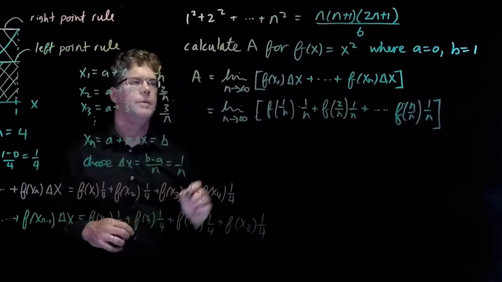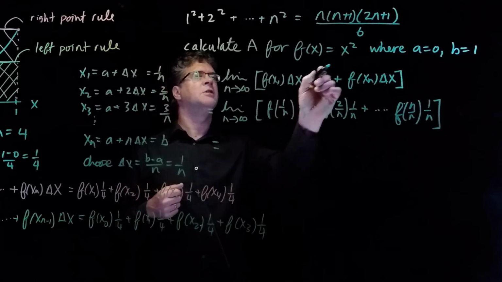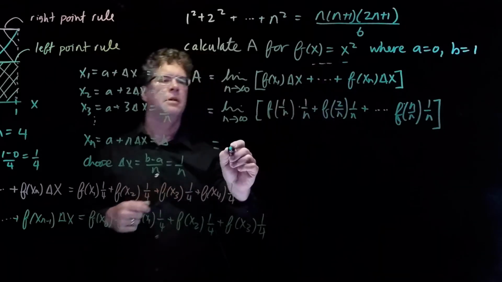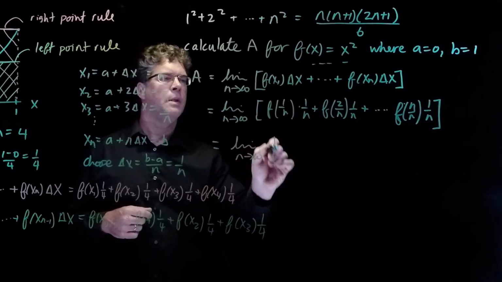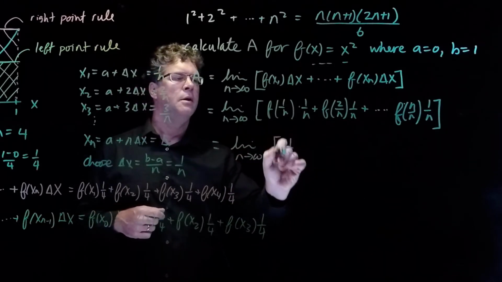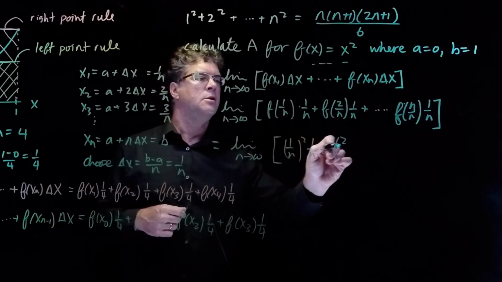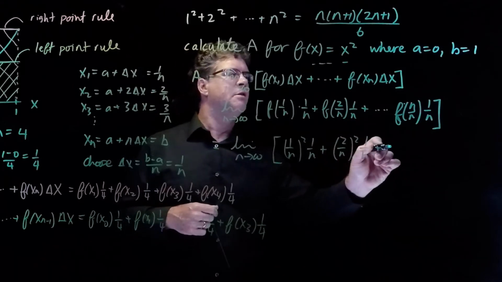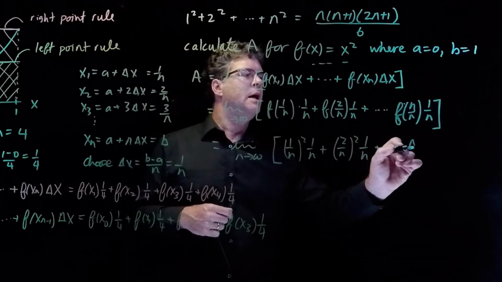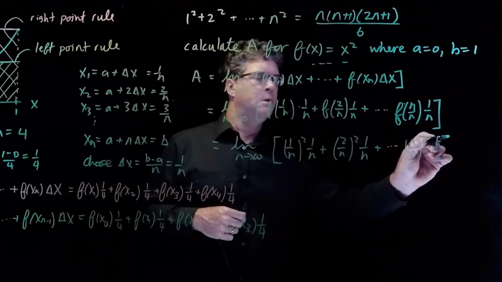Okay, so what's our function f? In this case, our function f is x squared. So this will be the limit as n goes to infinity of 1 over n squared times 1 over n plus 2 over n squared times 1 over n plus all the way down to n over n squared times 1 over n.